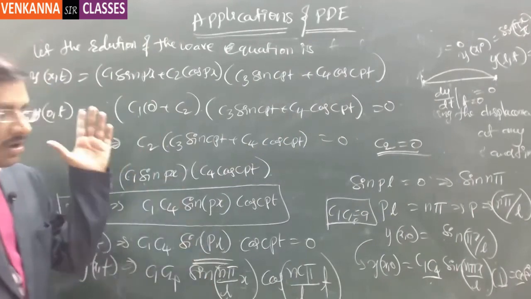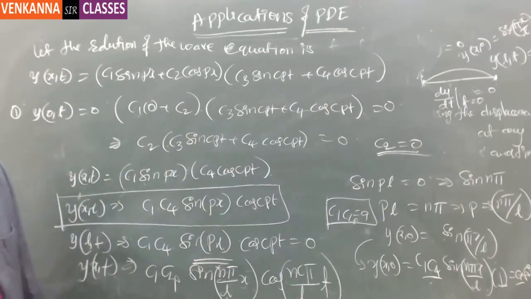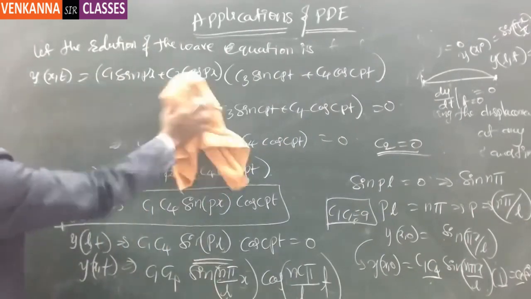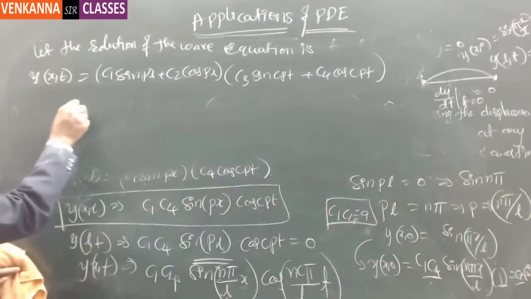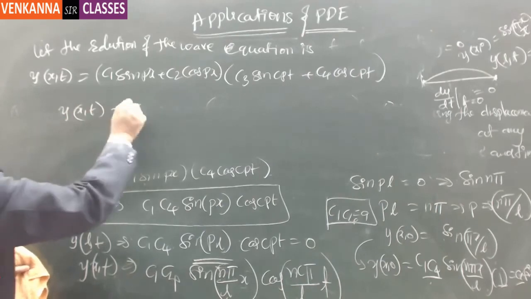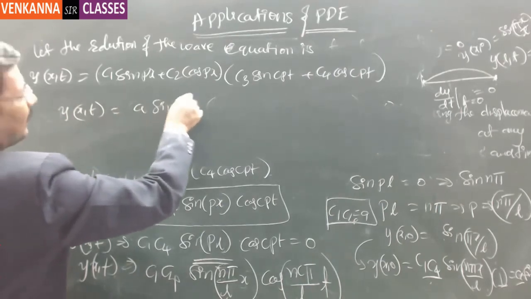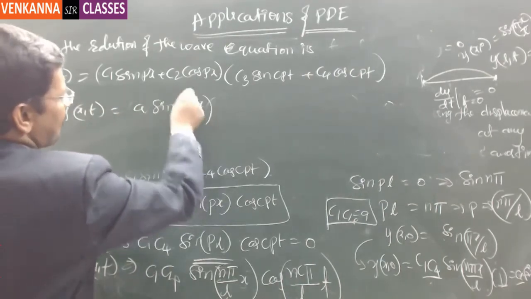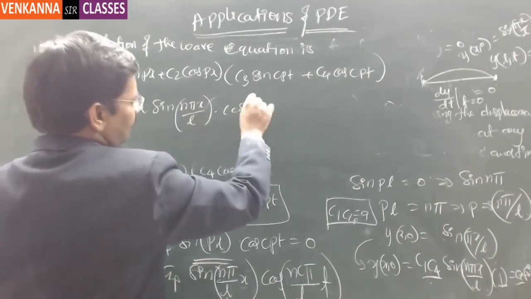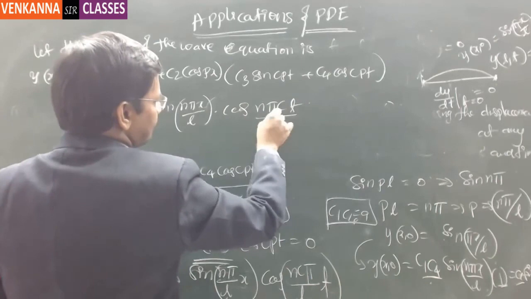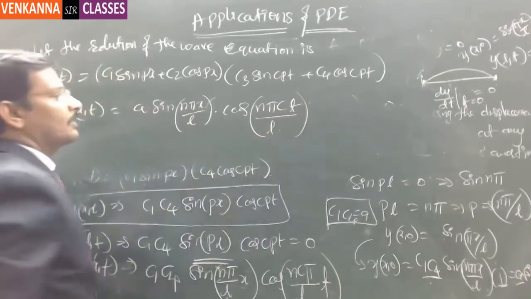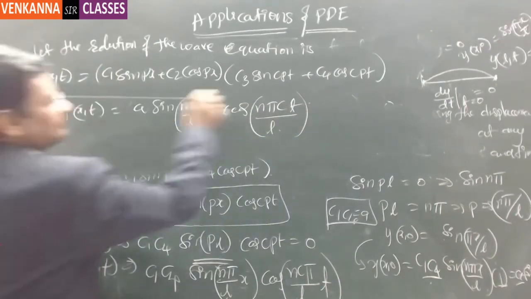Now if you collate all the conditions together, we will get only one possible solution in the simplified form. That is y of x comma t is equal to a sin n pi x by L into cos of n pi c t by L. Got it? So this is the general solution.